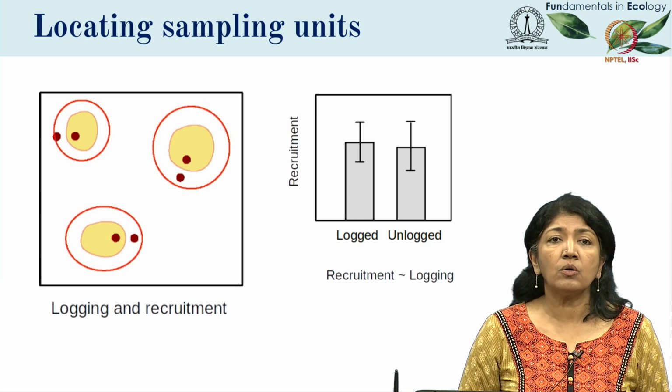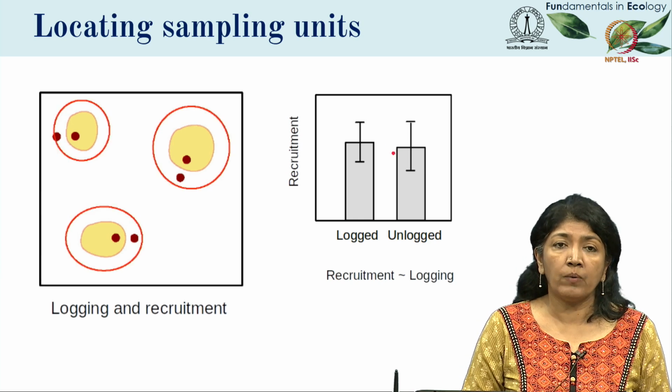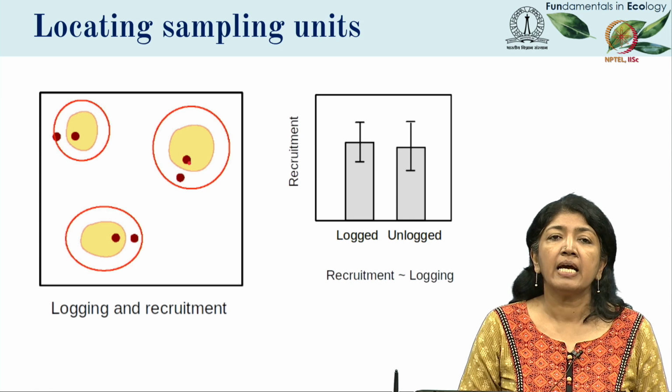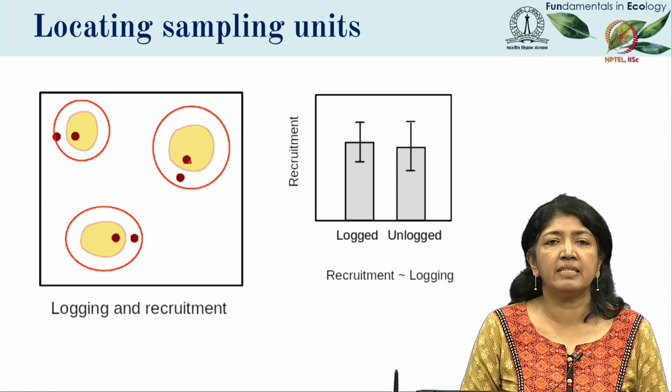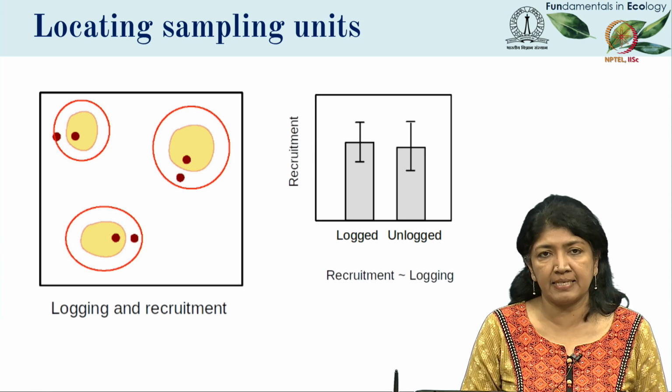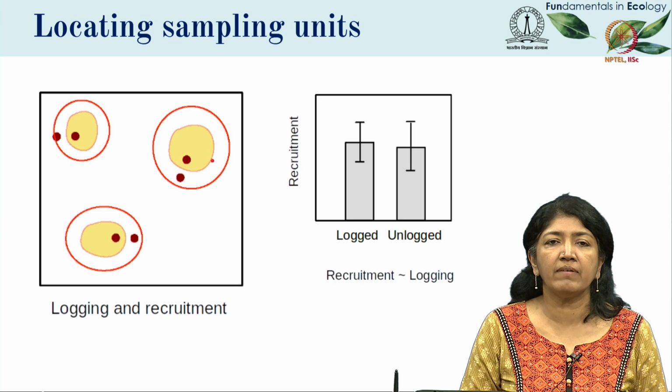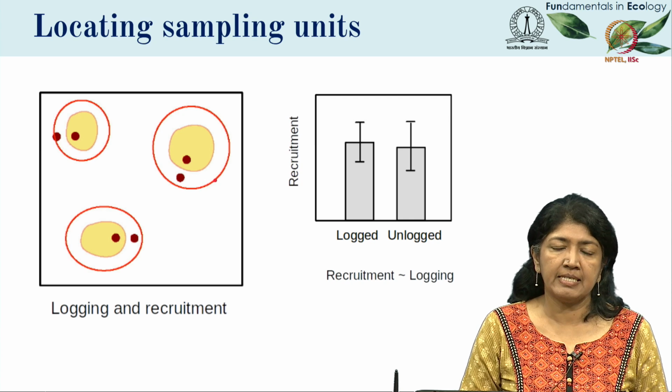However, we also need to check whether these pairs of plots were independent from each other. That is, imagine that once juveniles leave the nest, suppose they disperse within a certain radius of the nest, then it is possible that from these unlogged patches you have individuals moving out into the surrounding area shown by these red circles here.